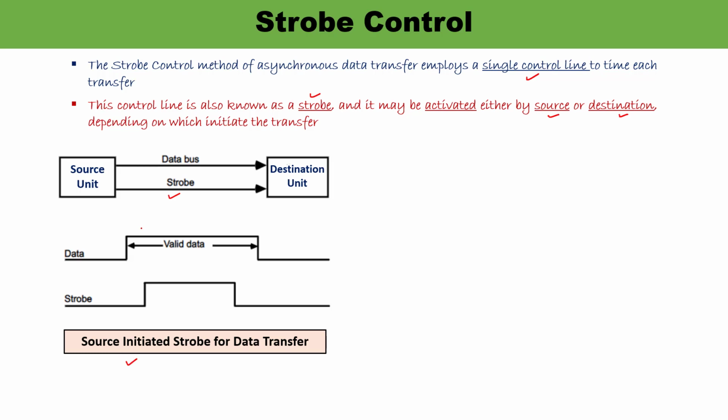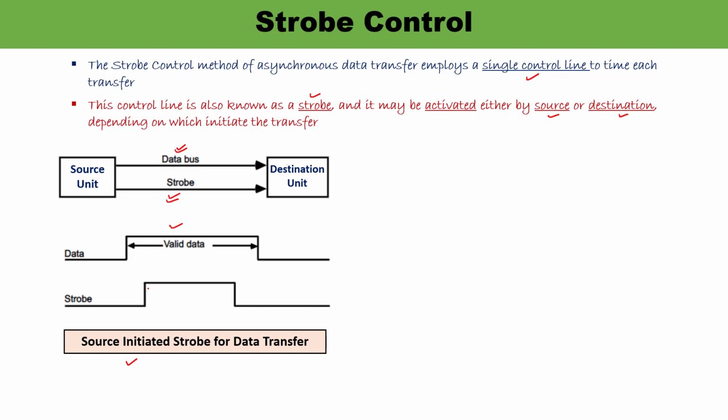If you see this timing diagram, the source unit first places the data on the data buses. After a certain delay, when we ensure that the data has resolved to a stable value, the source initiates a strobe pulse.